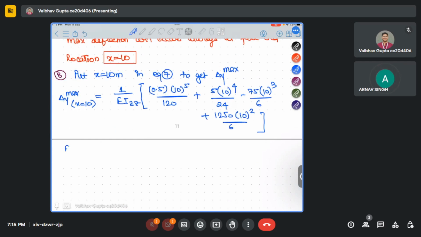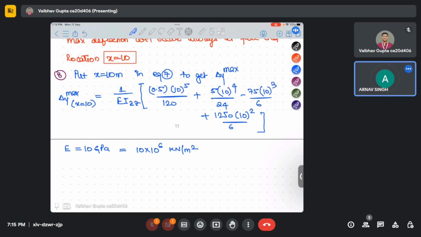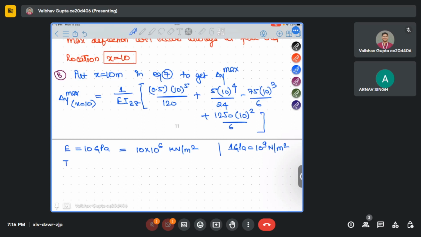So what is E? E is 10 GPa, given. This is nothing but 10 into 10 to the power 6 kilonewton per meter square. 1 GPa is 10 to the power 9 Newton per meter square. So this is how we convert.